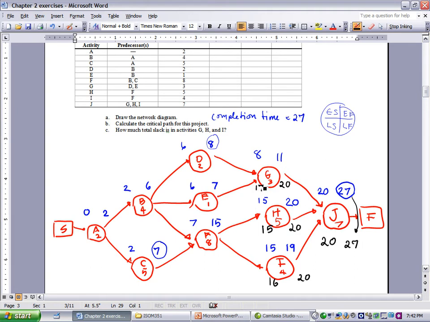Now you have two choices over F. Going backward, you pick the small one. And you have 17 over there, that becomes 16.